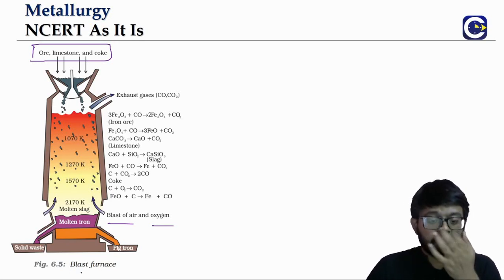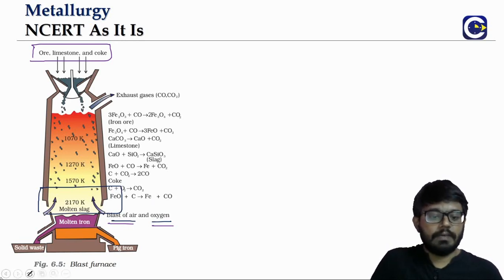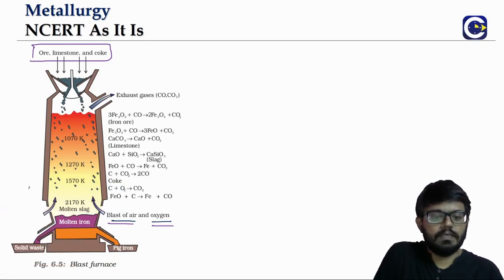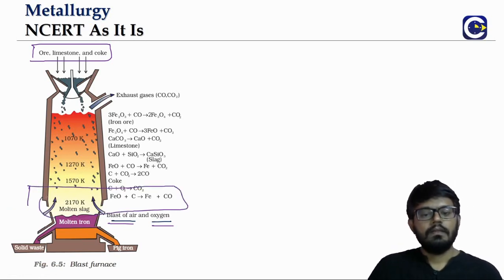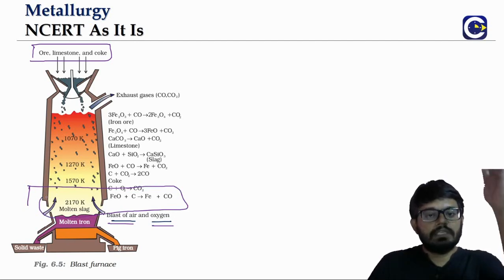The bottommost zone, you see here, what is there? There is ample air. Maybe I'll just erase this and put it with a clear marking. So in the bottommost zone, the coke is coming from the top.